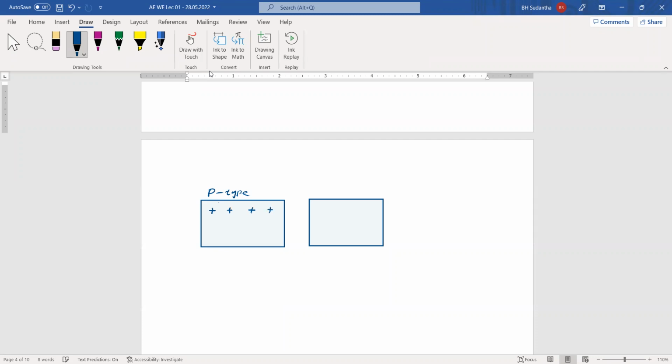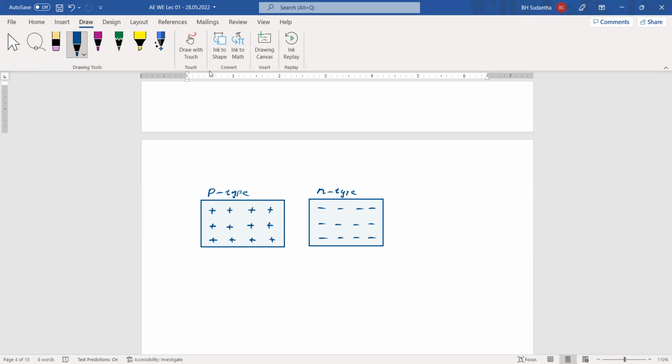Then here we have positive type charges. And if this is an N-type semiconductor, a negative type semiconductor, the majority carriers are electrons. Here we have holes and electrons.